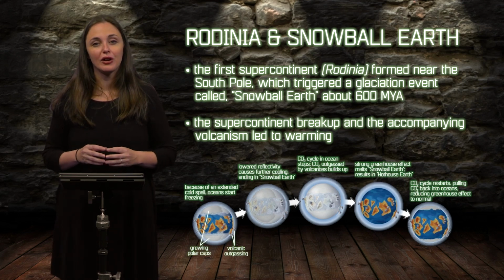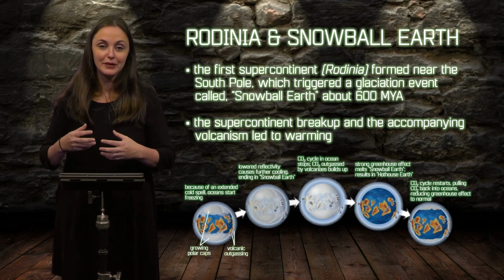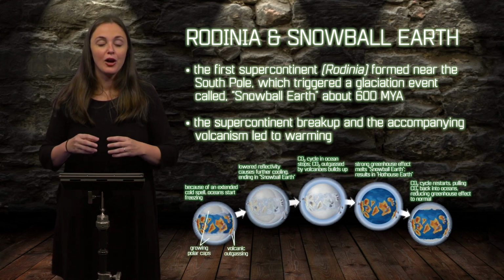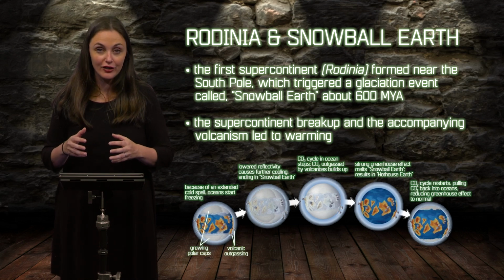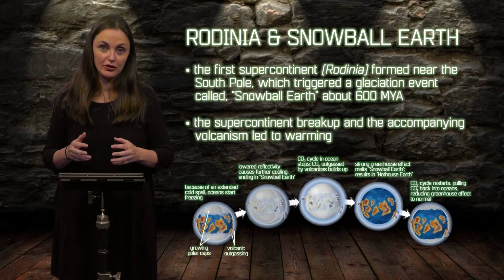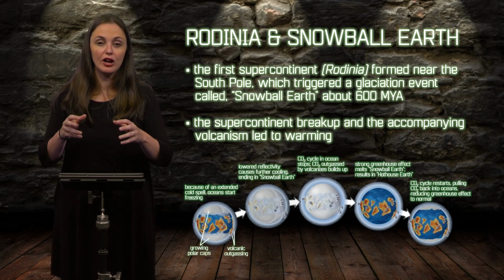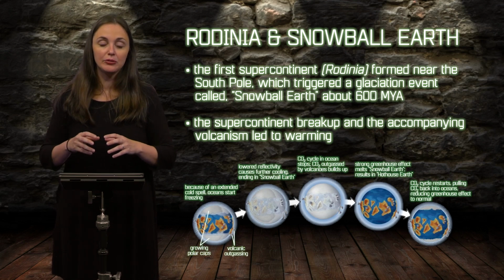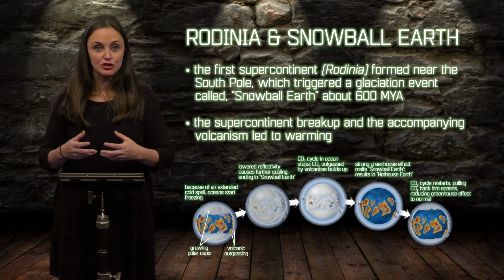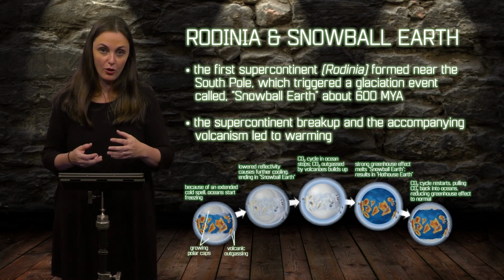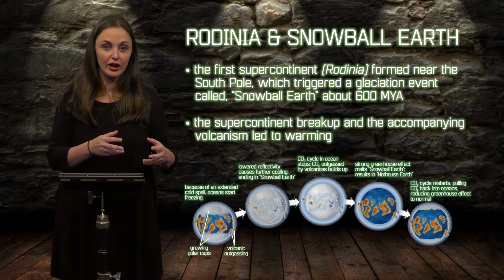Now, for reasons that go back to some pretty complicated ocean current structures, this position of the supercontinent at the South Pole is going to be very, very detrimental to the climate on Earth because it essentially blocks water from going from the equator and reaching the South Pole. And this means that the South Pole could get very, very cold. And then when the seasons change, it means that the North Pole could get very, very cold. And so these rapid changes in climate seasonally were occurring on Earth.